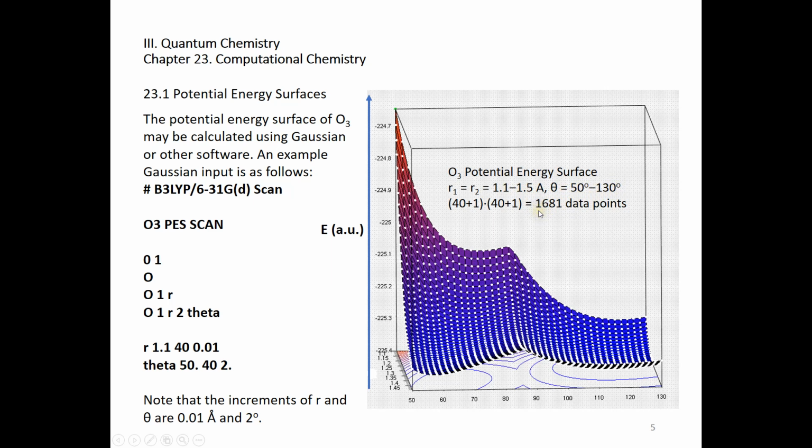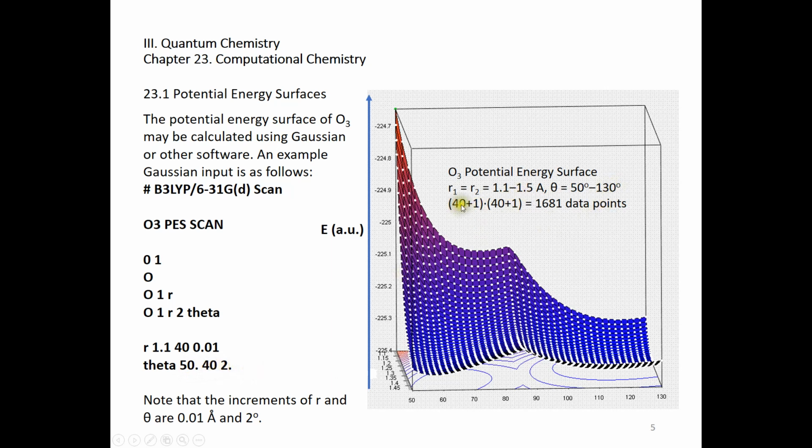So really, we need to do more than 1,600 energy calculations, because when you look at the values of R, we can have 41 possible values. This is the first one, and then 40 different other values. Also, for bond angle, the first bond angle is going to be 50, and then we're going to do 52, 54, 56, 58, etc., all the way to 130.